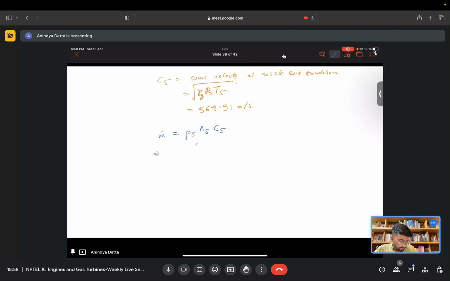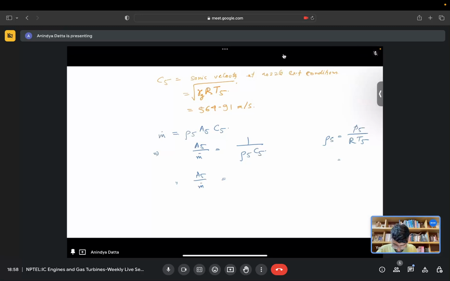But what we need to find out is A5 by m dot, which is 1 by rho 5 times C5. Now rho 5 we can find out from the equation of state, which is P5 by R T5, right? So if you use this, we will get A5 by m dot as 0.00495.